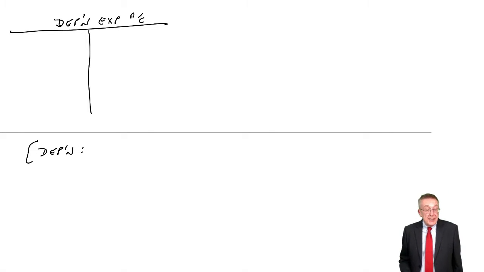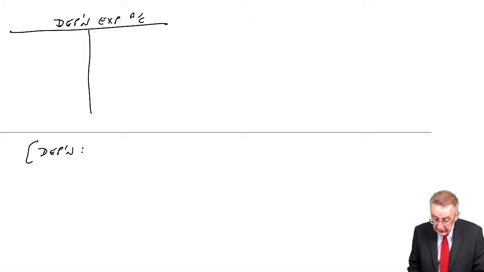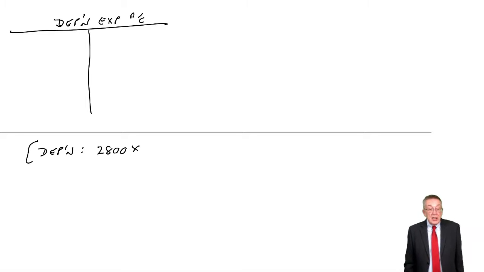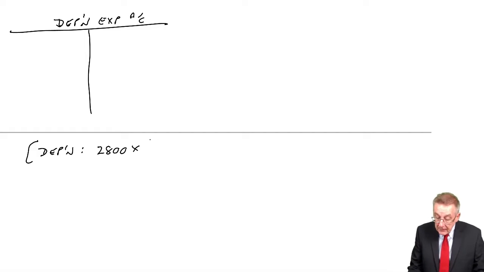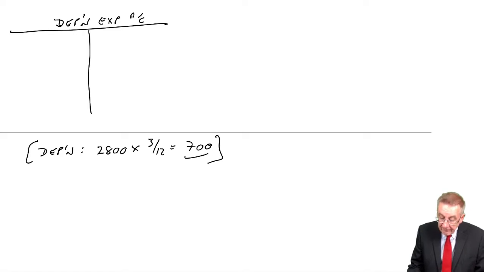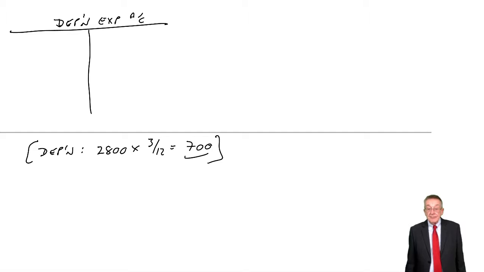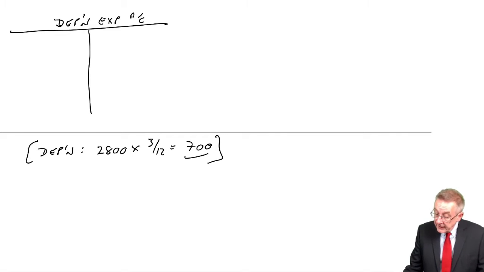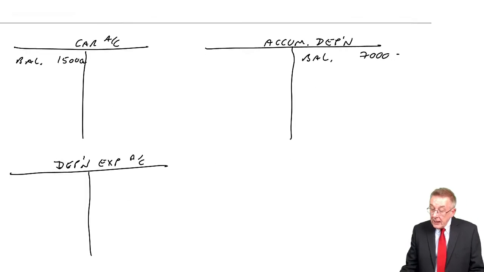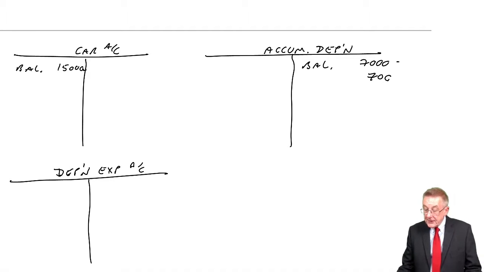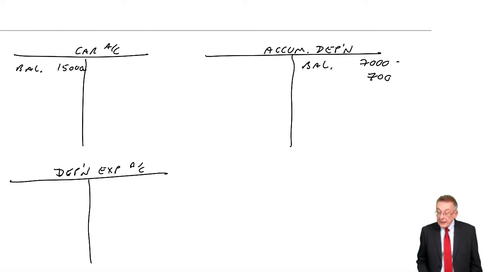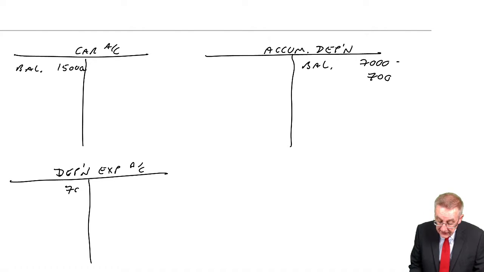We'd already calculated it was 2,800 a year, I think it was. But in the year in which we sold it, we'd only had it for July, August, September, 3 months. And so, before we sell it, we've got depreciation of 700. So let's depreciate, that's easy, we've had the entry enough.